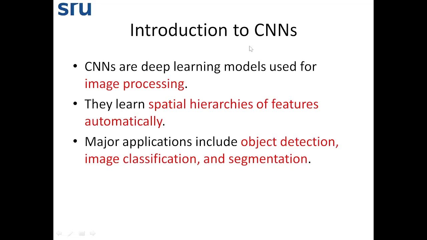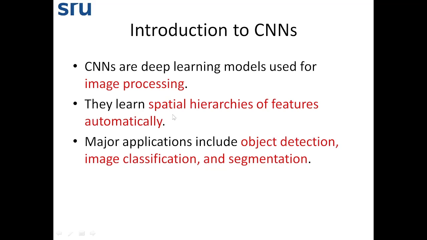Now, an introduction to convolutional neural networks. Convolutional neural networks are a type of deep neural network. They are used for image processing tasks. They learn spatial hierarchies of features automatically.